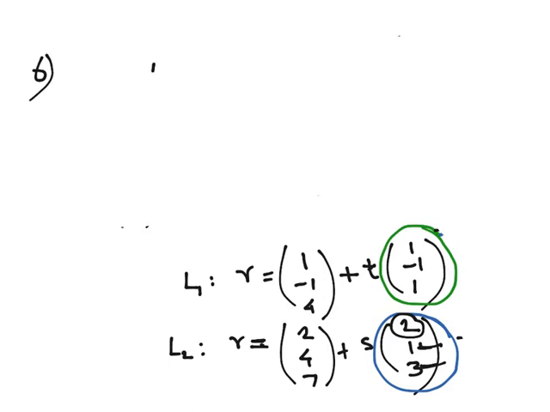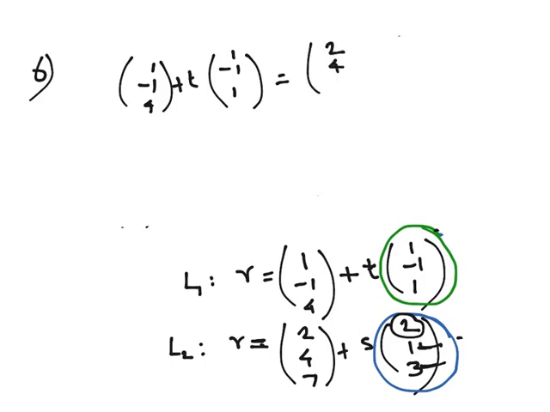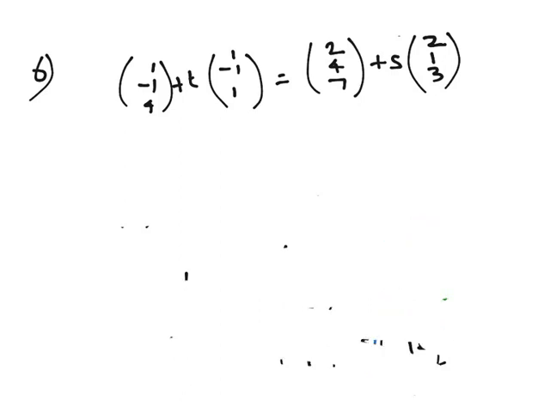So (1, -1, 4) plus t times (1, -1, 1) equal to (2, 4, 7) plus s times (2, 1, 3). So for writing this step, students, you will get a mark. So it's very important that you write this step before you start solving the problem. Okay, let me erase this.